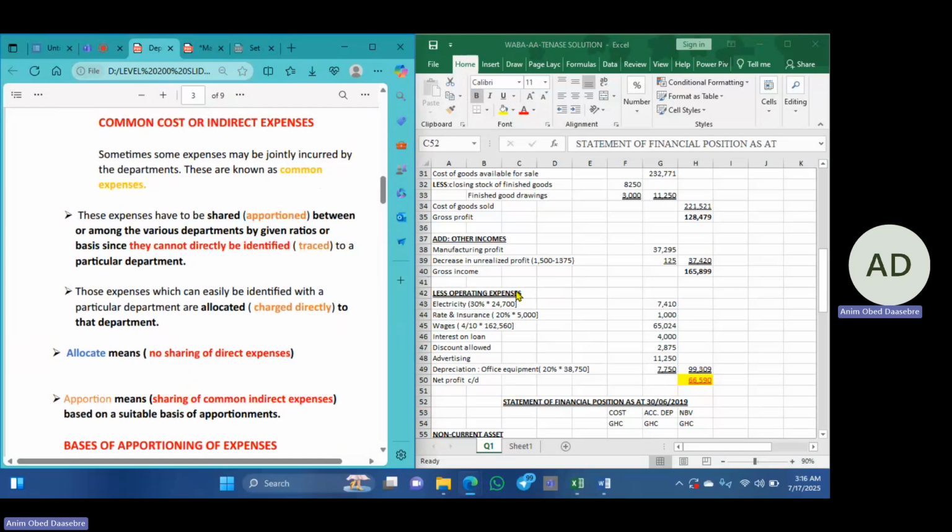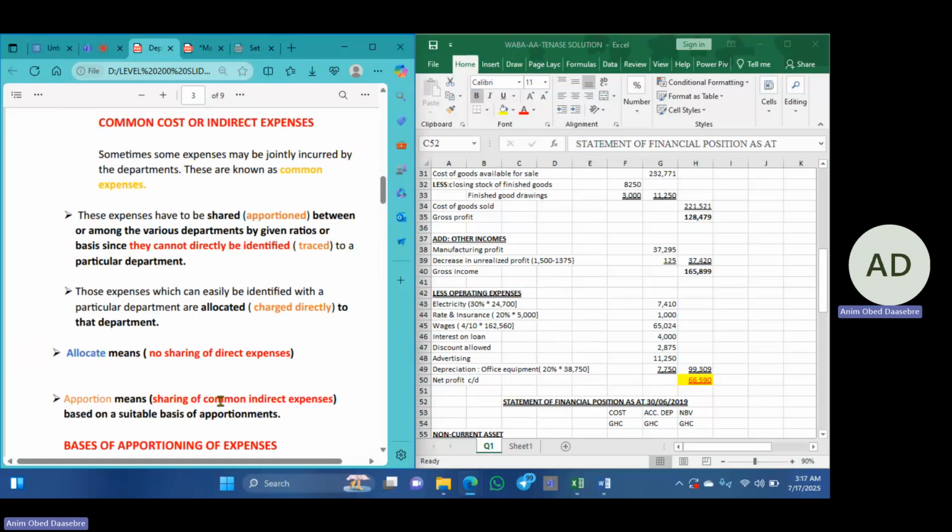So basically, we have direct expenses and indirect expenses. The direct expenses, you know, will all go toward the prime cost aspect. So what is allocation and what is apportionment?